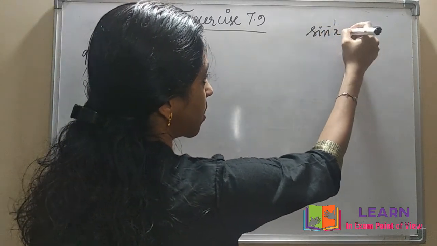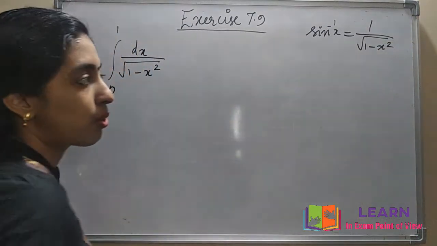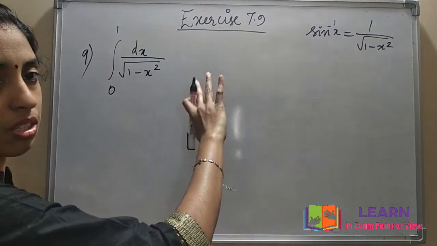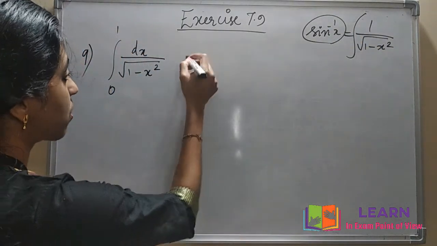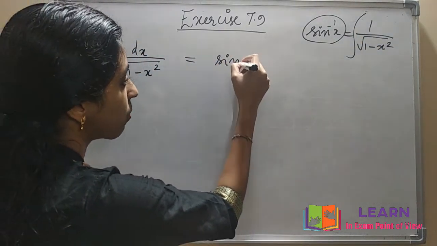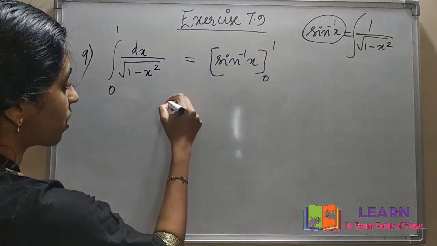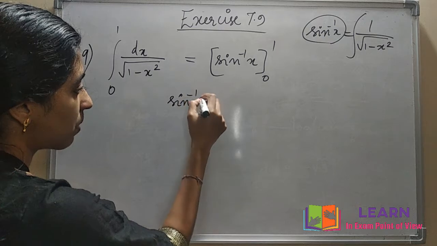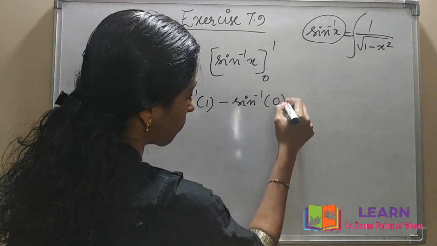Sine inverse x differentiating, you will get 1 by root 1 minus x square. So just reverse. Integrating this, you will get sine inverse x. So within the limit 0 to 1, just apply the limit: upper limit 1 minus lower limit 0.